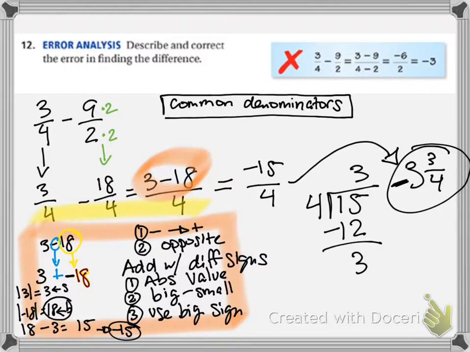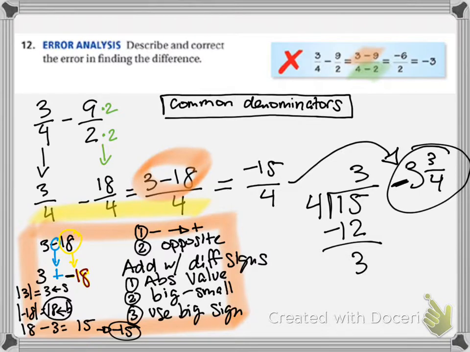Okay, so let's look at our work and see what they did in the book to figure out where they went wrong. What they did is they took their subtraction problem and they did 3 minus 9 on the top, and then they did 4 minus 2 on the bottom. What did we do?